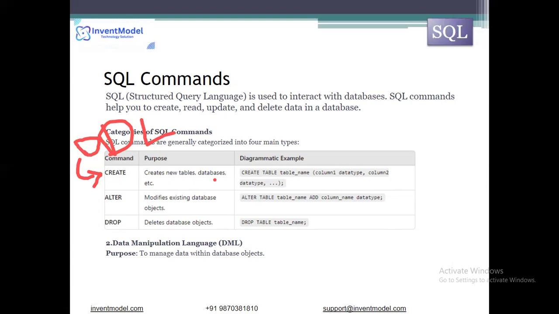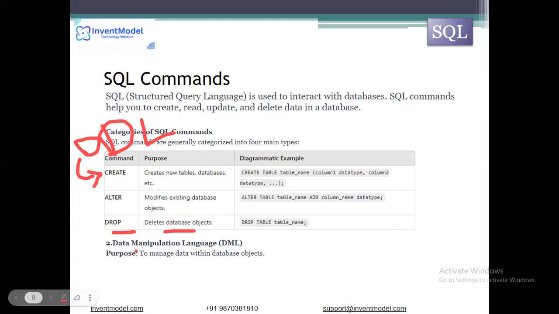We use the create command for creating databases and tables: create table name, column with the data types. Alter modifies the table and database name: alter table name, add column name, data type. Drop is used to delete databases or tables from the database.